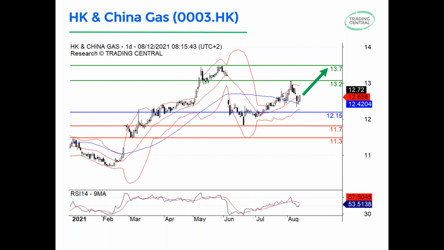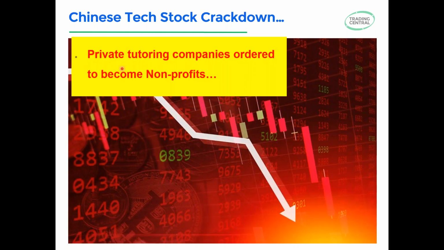Okay, for the next question, someone is asking, do you foresee any regulatory impositions on online insurance and online healthcare stocks that are listed in Hong Kong, and what will be the impact? I'm not foreseeing any changes in this area.